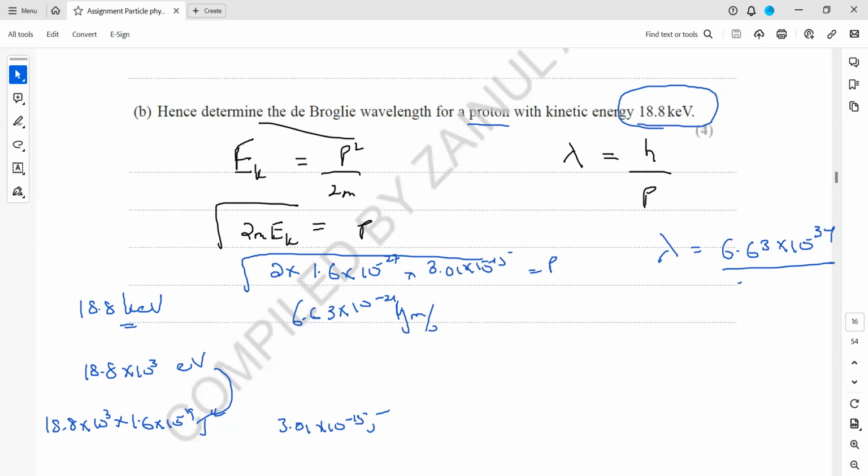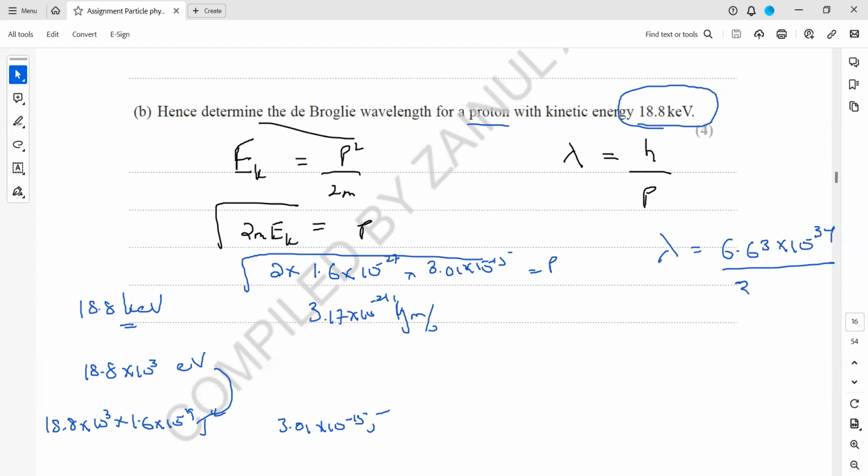The momentum we worked out is 3.17 into 10 to the power minus 21.